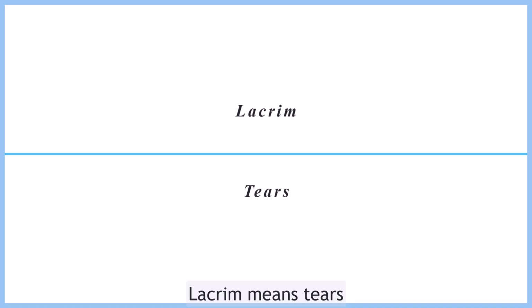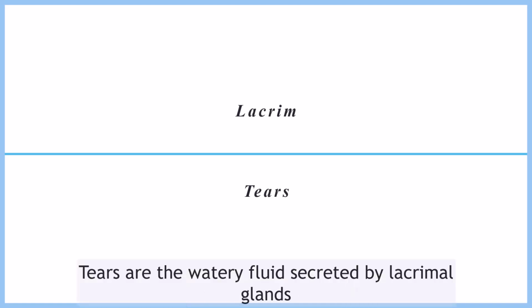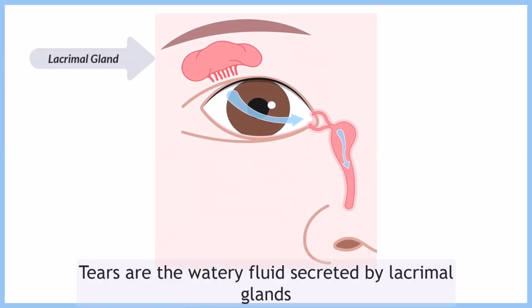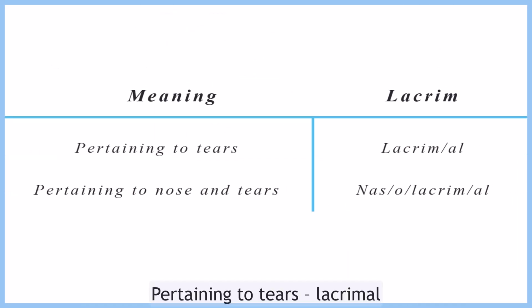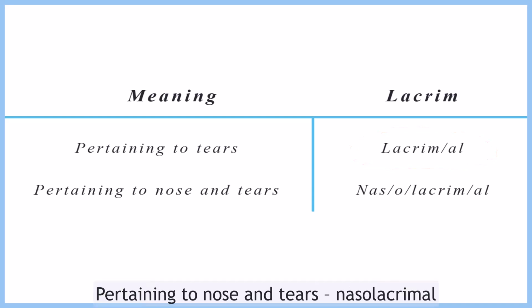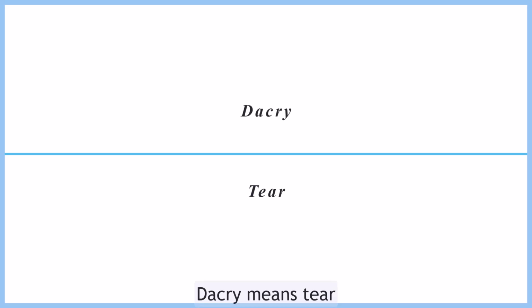Lacrime means tears. Tears are the watery fluid secreted by lacrimal glands that moisten and clean the anterior surface of the eyeball. Pertaining to tears, lacrimal. Pertaining to nose and tears, nasolacrimal. Dacry means tear.